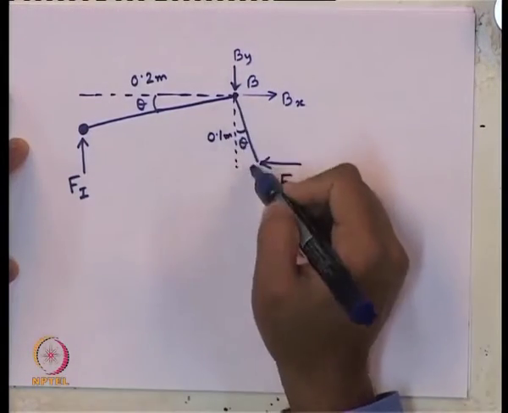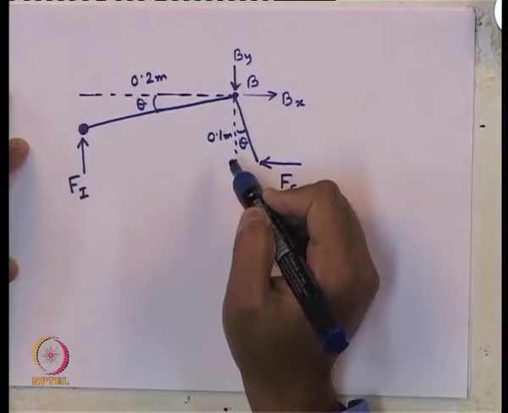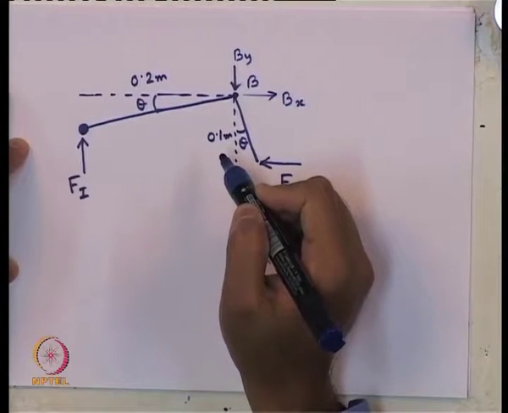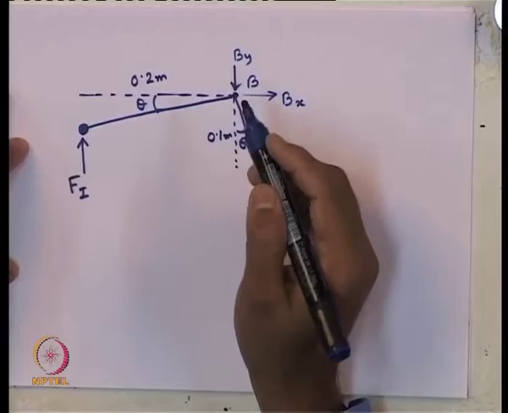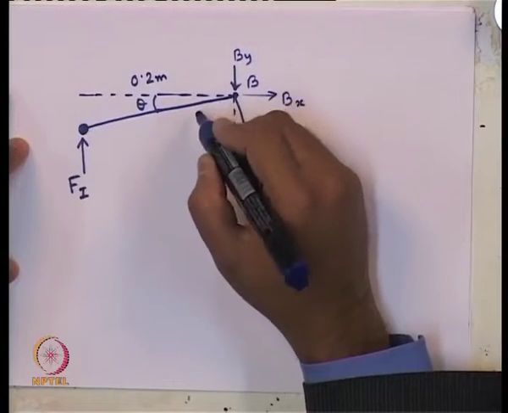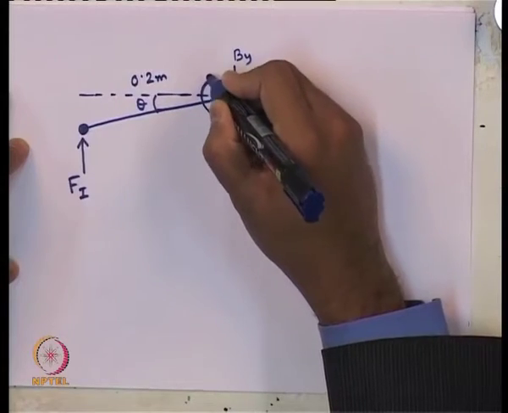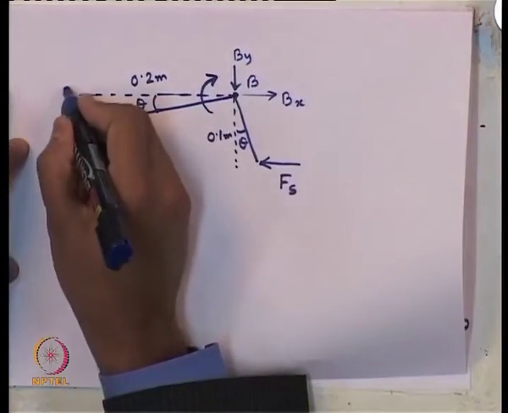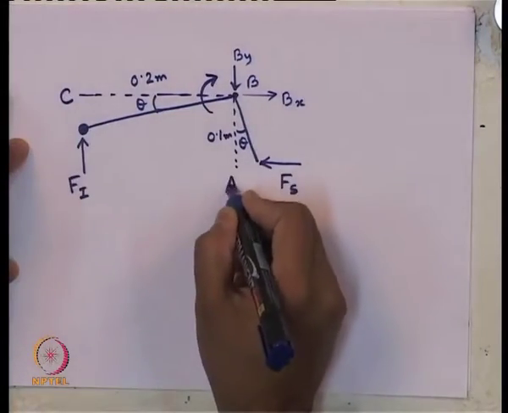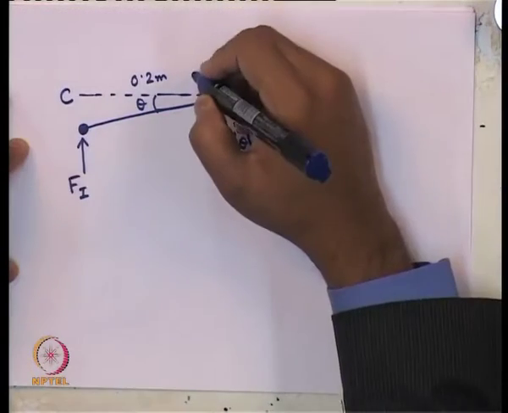Now, these rods are having mass, uniformly distributed mass, which can give us the inertia force. This has rotated in this direction. So, inertia force for this component of the rod, that is B C component, and this is A B component, this will be how much?